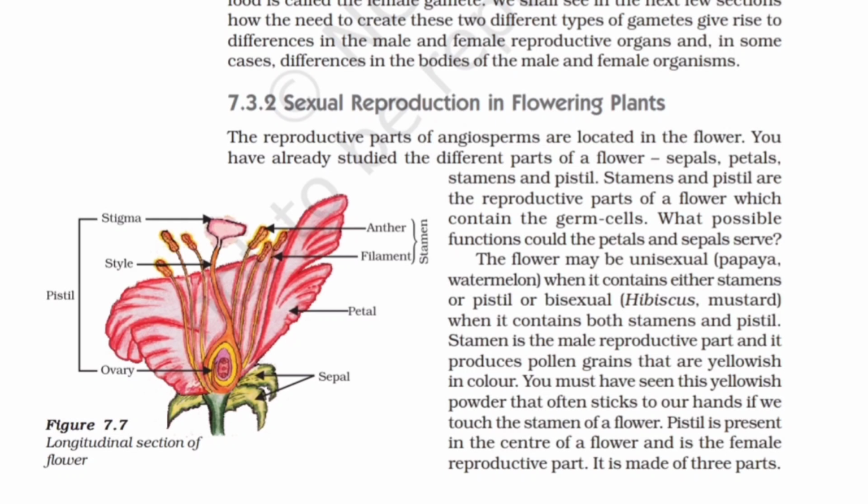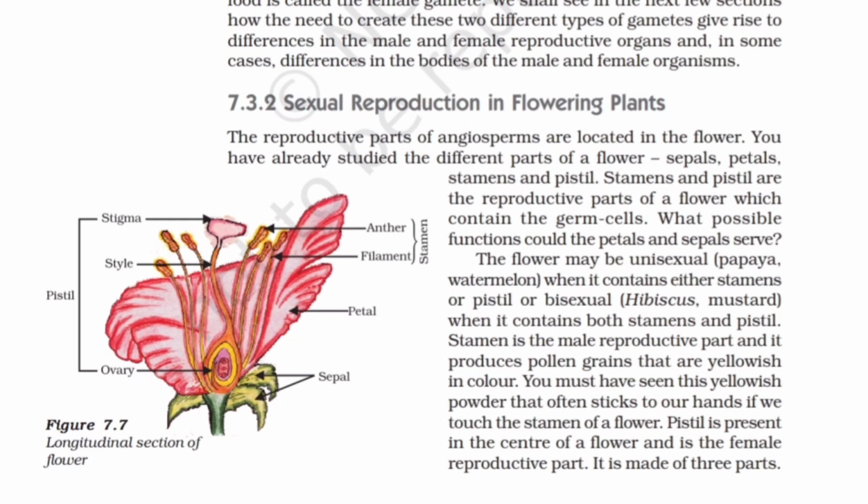One germ cell is large and contains the food stores, while the other is smaller and likely to be motile. Conventionally, the motile germ cell is called the male gamete and the germ cell containing the stored food is called the female gamete. We shall see in the next few sections how the need to create these two different types of gametes gives rise to differences in the male and female reproductive organs and, in some cases, differences in the bodies of the male and female organisms.